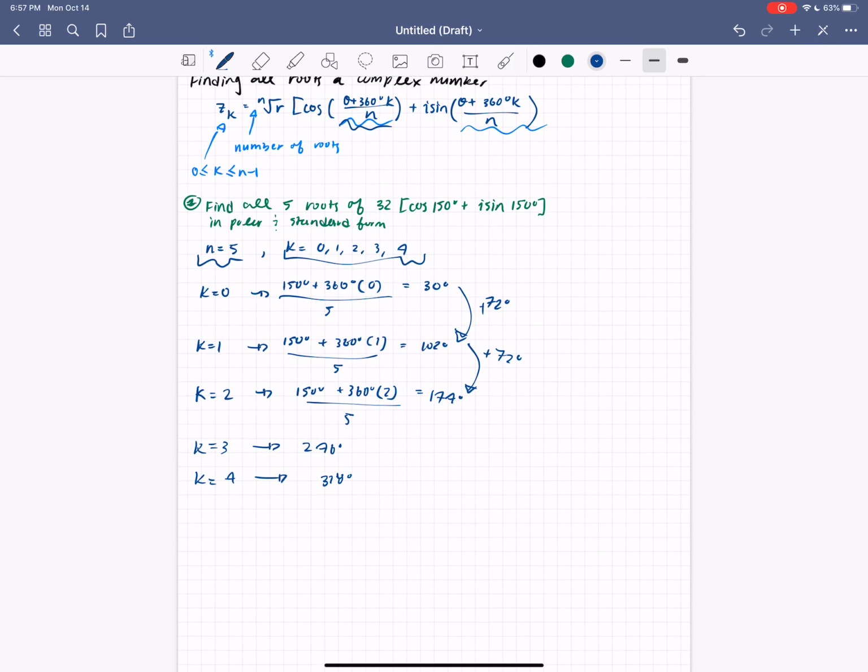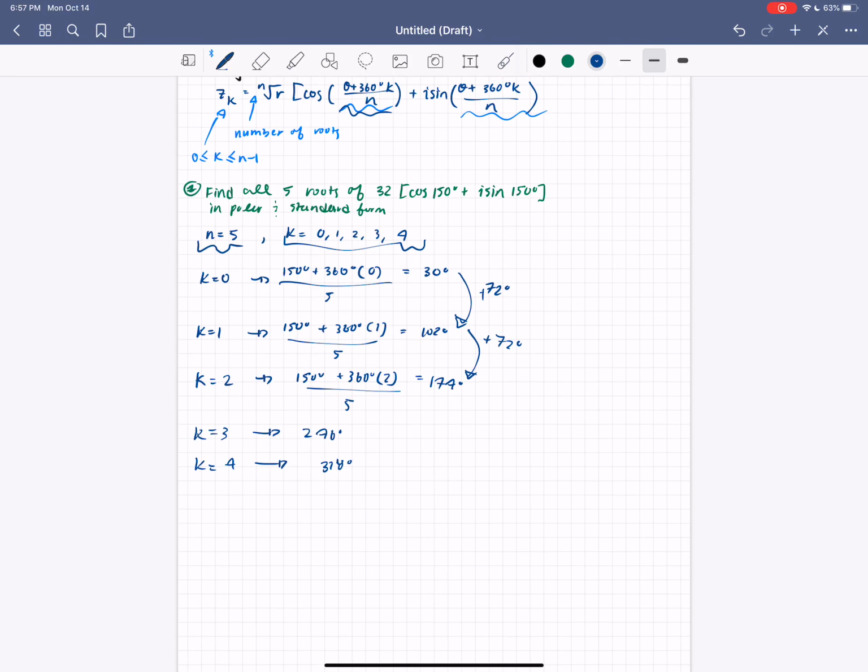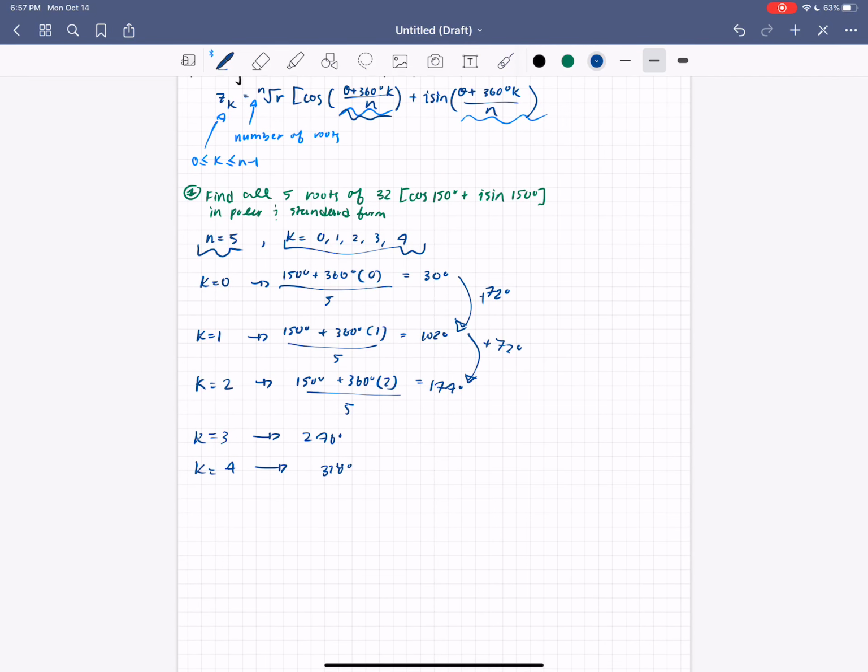After I calculated all this, I can now plug in my values. So for k equals 0, it becomes 2 cos 30 degrees plus I sine 30 degrees. For k equals 1, it becomes 2 cos 102 degrees plus I sine 102 degrees.